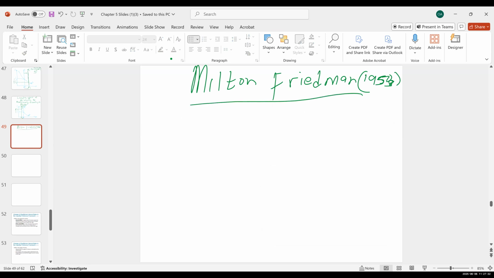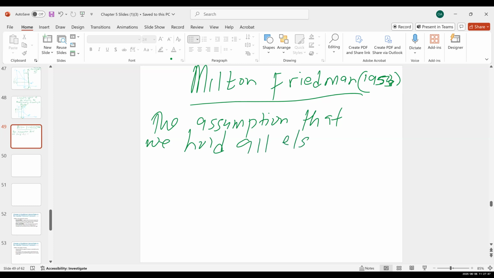Friedman argues that the assumption that we hold all else equal, or all else constant, that's what we call ceteris paribus. The Latin phrase ceteris paribus means you're holding all else equal.